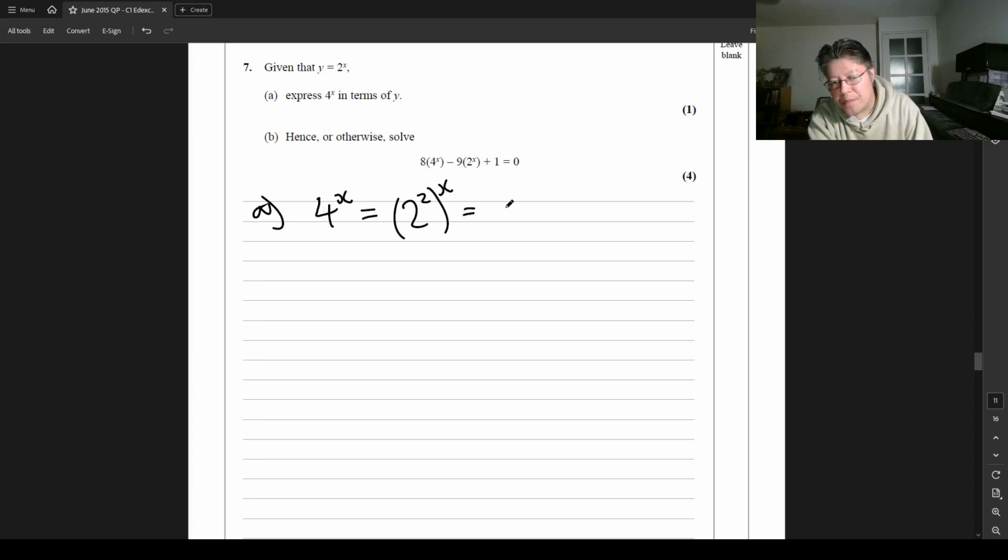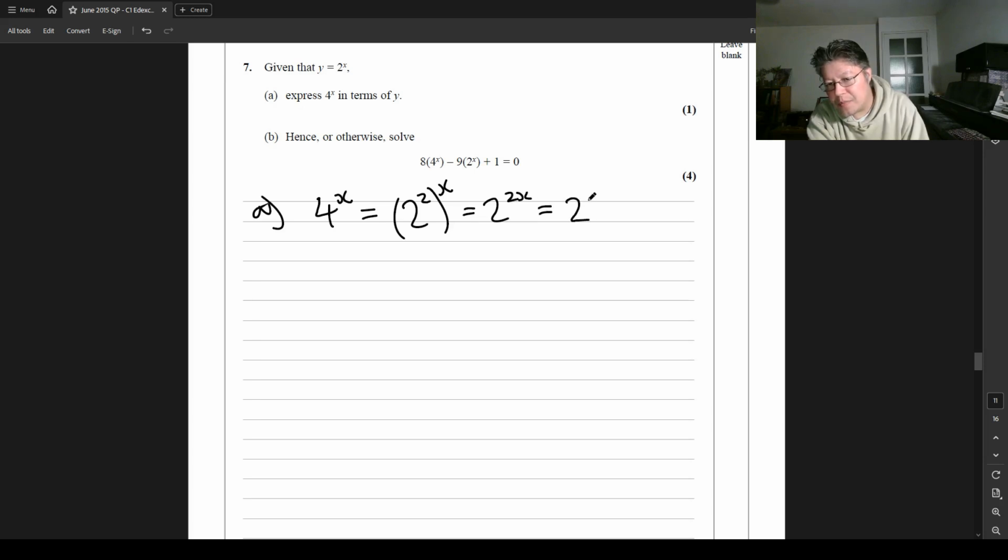And now, using the rules of indices, this is the same as 2 to the power of 2x. And if we want, we could have just simply swapped the x and the 2. That's allowed, because 2 times x is the same as x times 2.